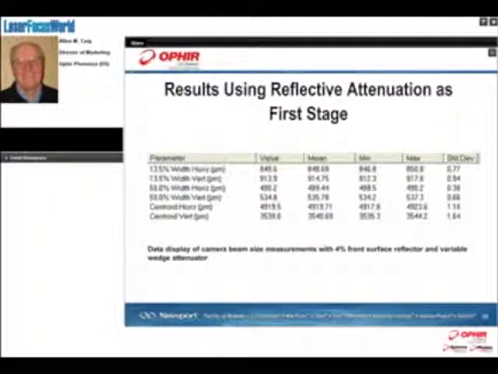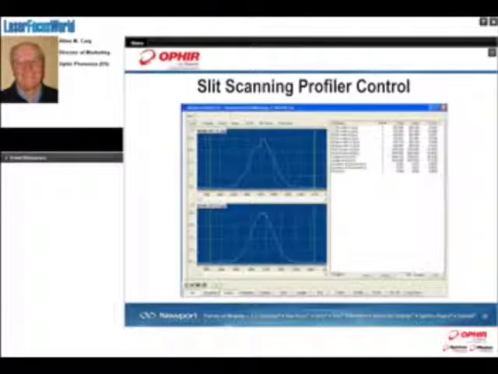So we replaced that first stage of attenuation with the reflective attenuation and made the same measurement. And now we see that, in fact, that spike is close to what the real beam size is, around 800 to 900 microns. So much closer to a millimeter than half a millimeter. And when we took the control measurement with the scanning slit, we saw the same thing.